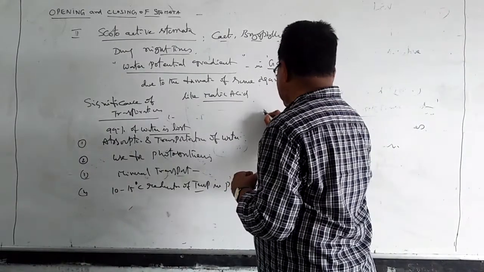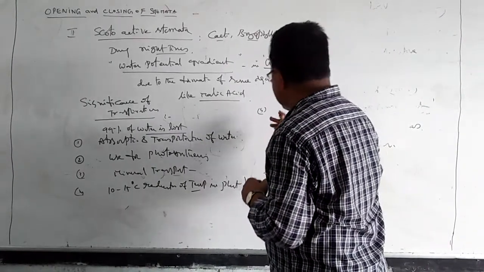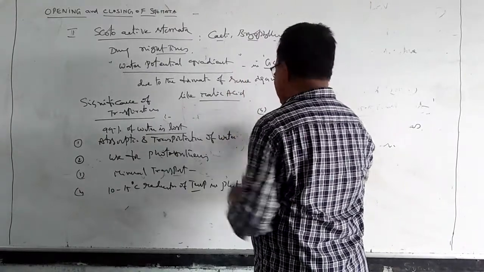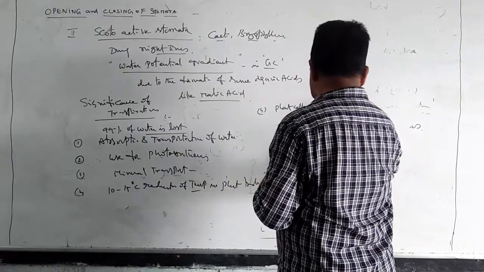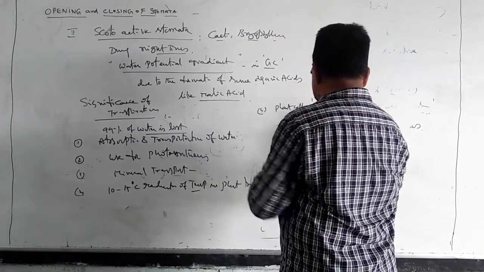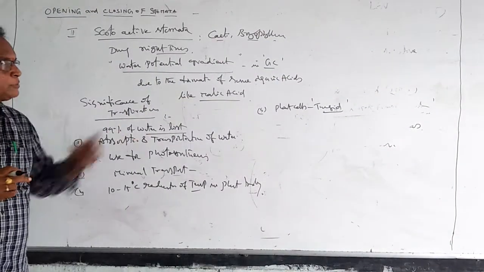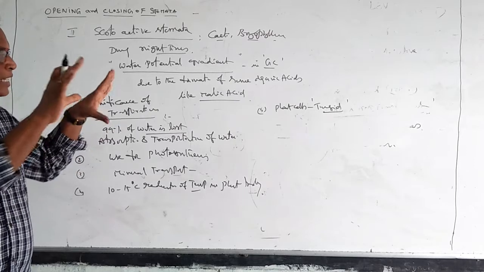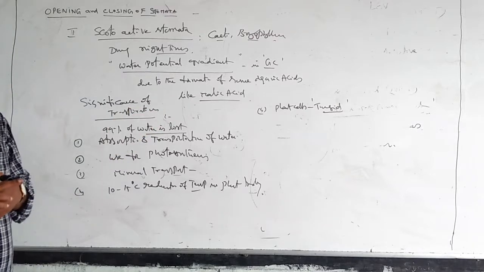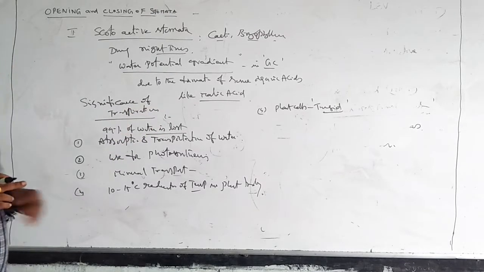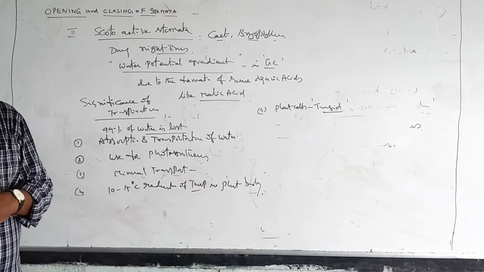The next important significance of transpiration is that it keeps the plant cells in turgid condition. Plant cells in a turgid condition float, and this turgid condition is responsible for maintaining the healthy condition of the entire plant body, and plant parts also show movement with the help of this turgidity. These are the 5 important significant features of transpiration.